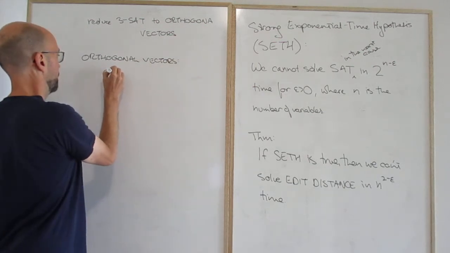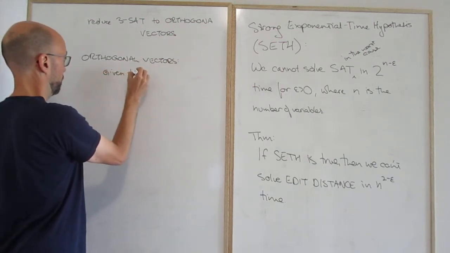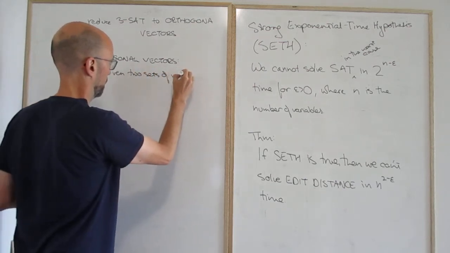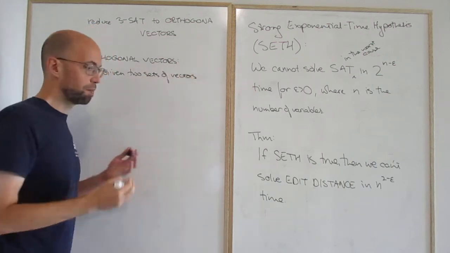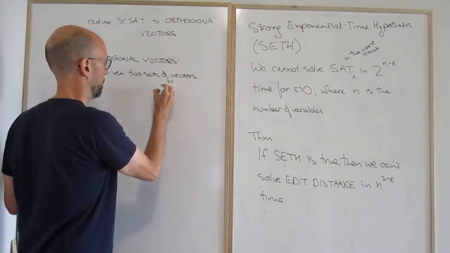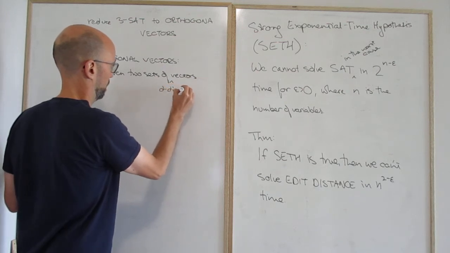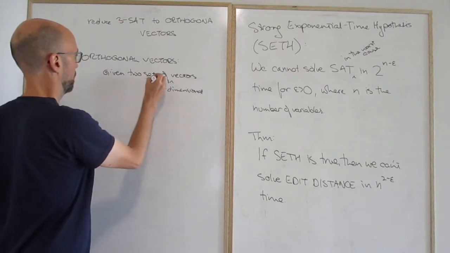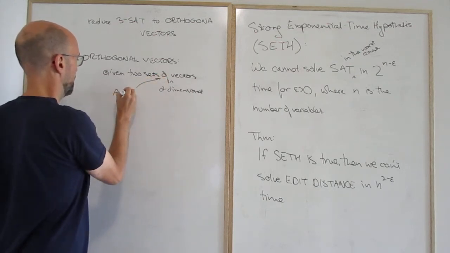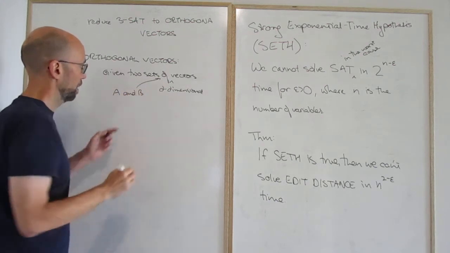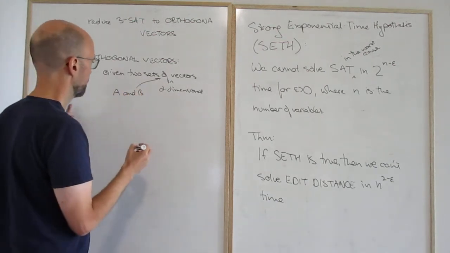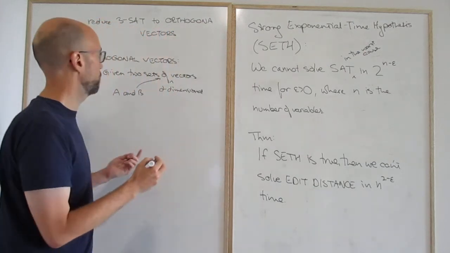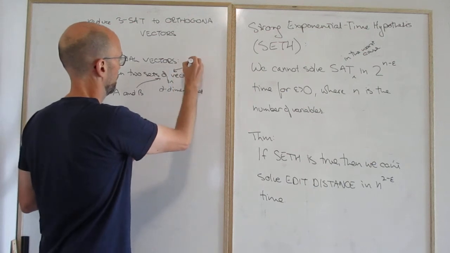two sets of vectors. Say they're d-dimensional, and two sets A and B of d-dimensional vectors. D is going to be pretty small. Okay, and we're going to assume binary.